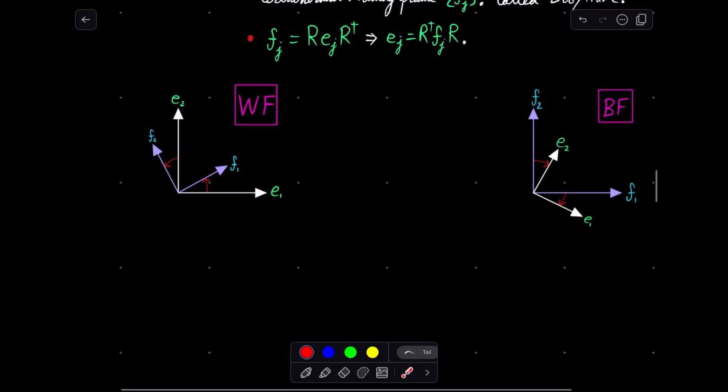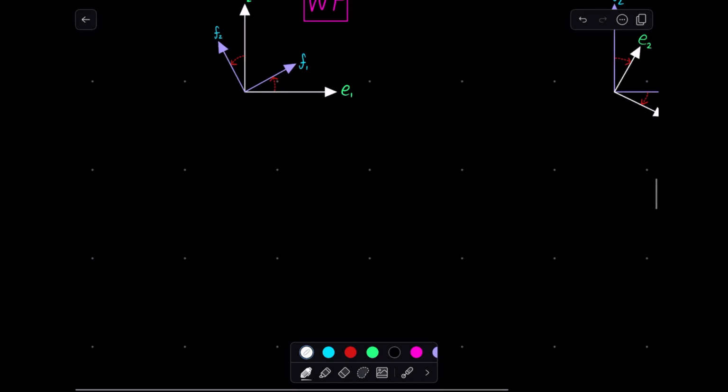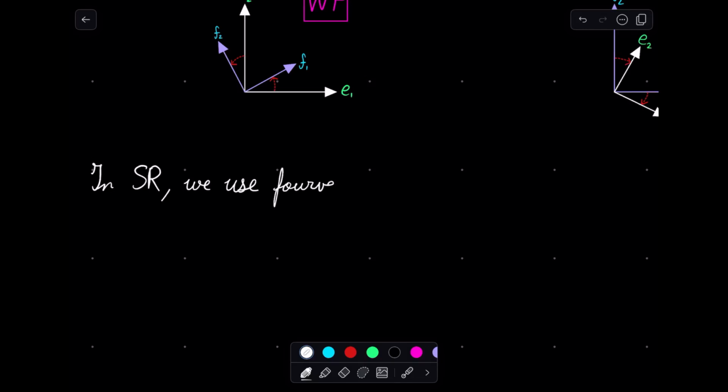Now, before we get into lab frame and rest frame of special relativity, we need to talk about paravectors. In special relativity, we use 4-vectors. A 4-vector would be given by some time component, some x component, some y component, and some z component.